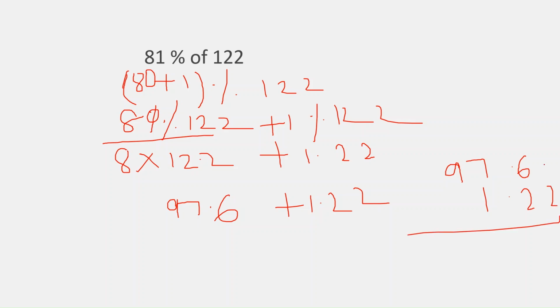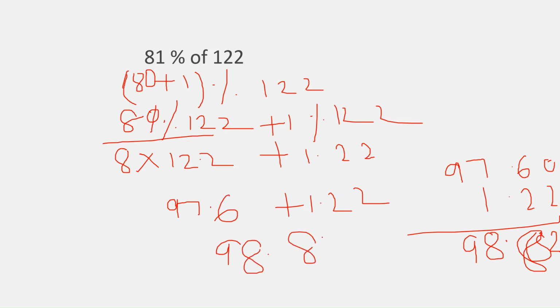If there is no number here, I can put 0. 0 plus 2 is 2. 6 plus 2 is 8. Add the point. 7 plus 1 is also 8. 9 as it is. Your answer will be 98.82.